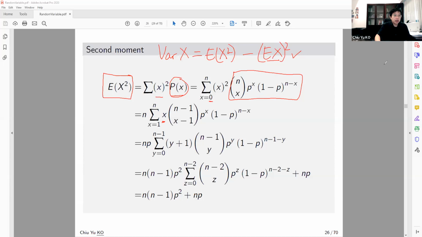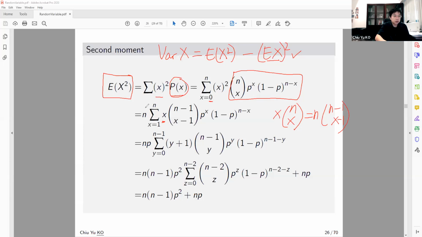Then use the same concept: because of the square here, we can take one x out. Basically, like the previous case, x times nCx is equal to n times (n minus 1)C(x minus 1). I just proved it before. I just take the n out.